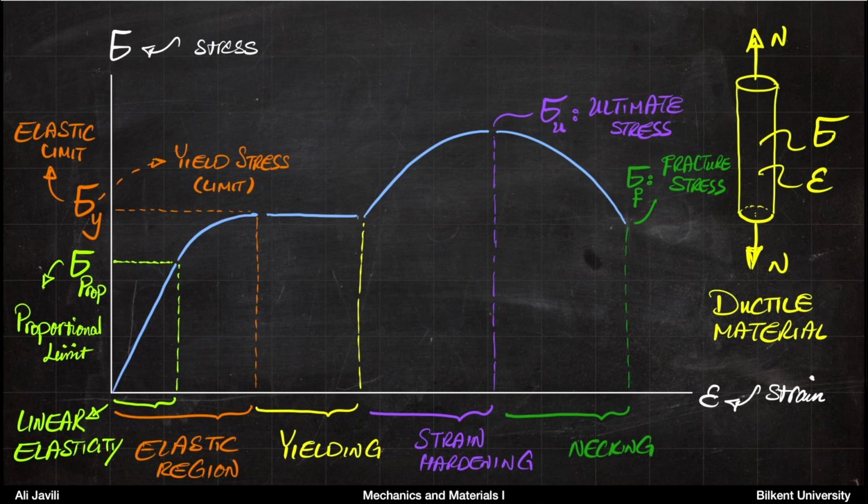Now, obviously, we would ask ourselves how this makes any sense, because if you remember, we are talking about an extension test. So you keep applying forces, and it's strange that the stress is decreasing by increasing strain.